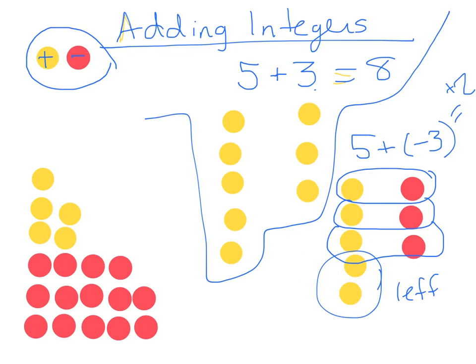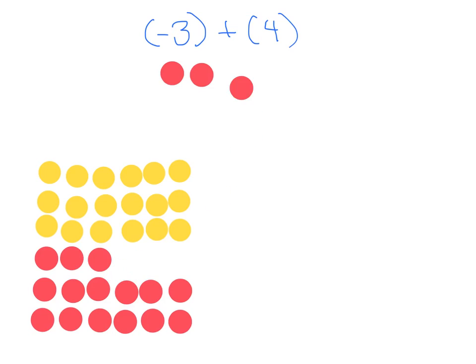Okay, I'm going to show. We always start with whichever integer is first. That becomes extremely important when we get to subtraction. So if we start with our negative 3, and this time I'm working horizontally, it doesn't matter if you work horizontally or vertically.